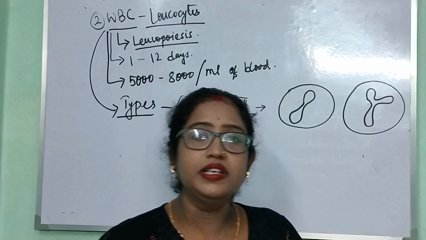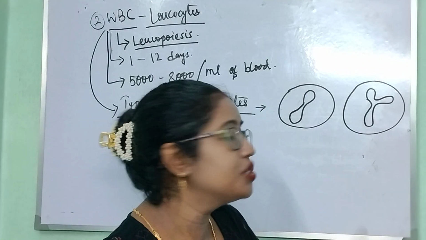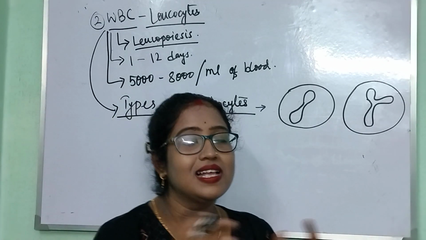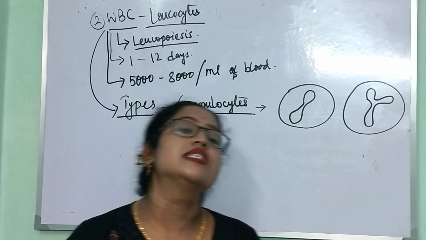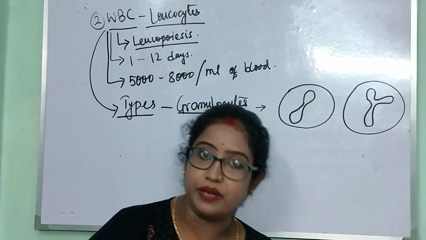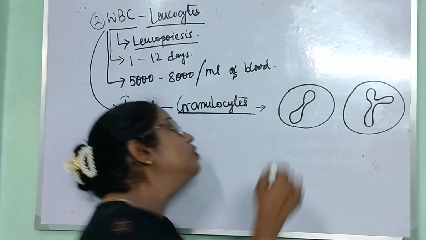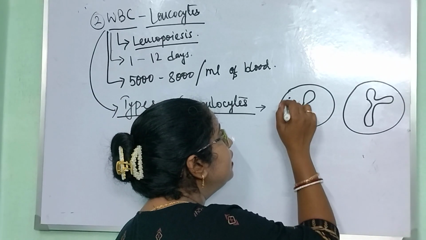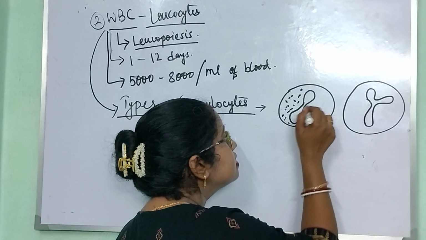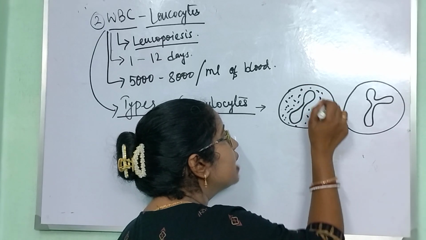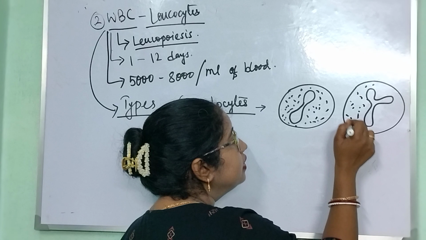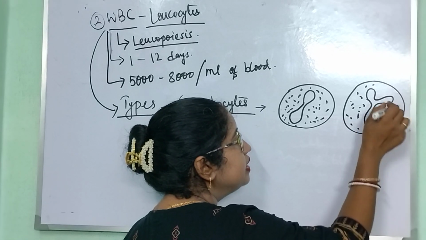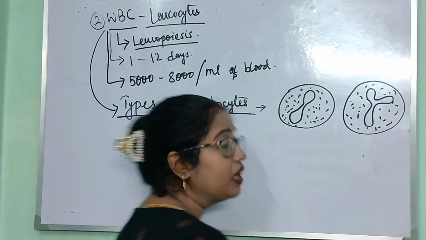These are generally spherical in shape. So the cell structure is generally spherical and the nucleus is generally dome shaped, and it also has granules in its cytoplasm. That's why they are named granulocytes.